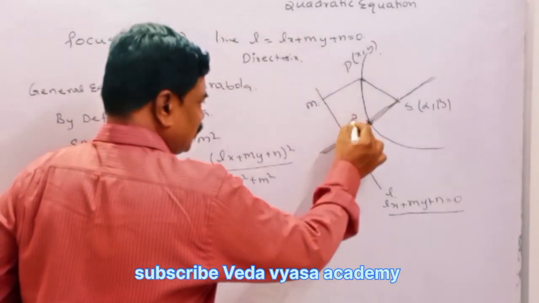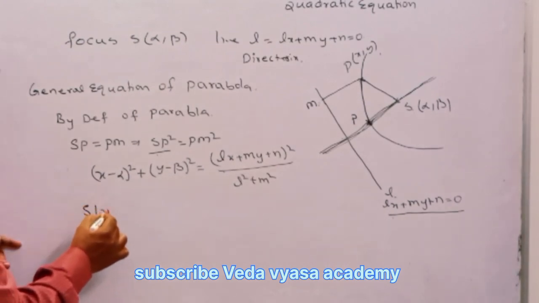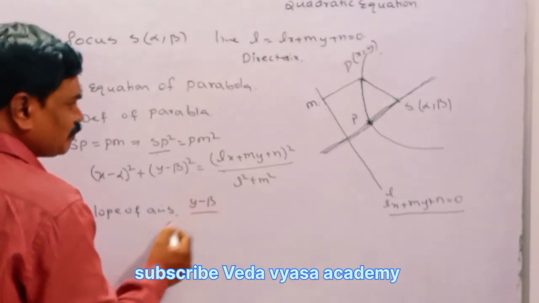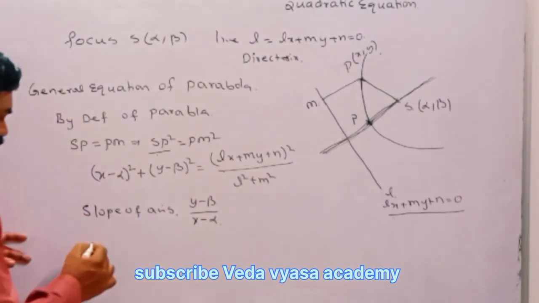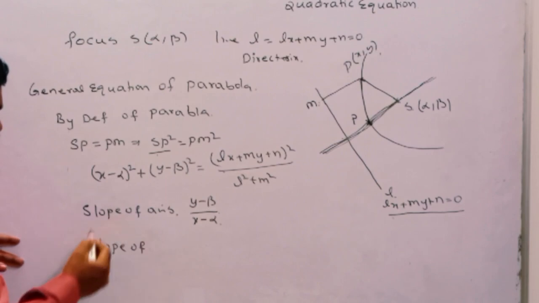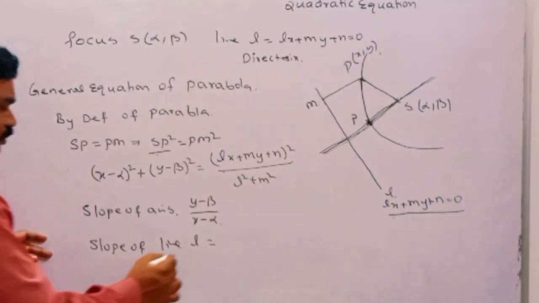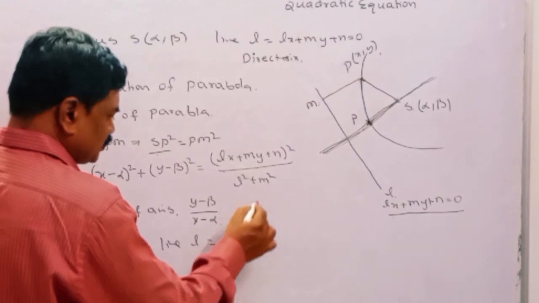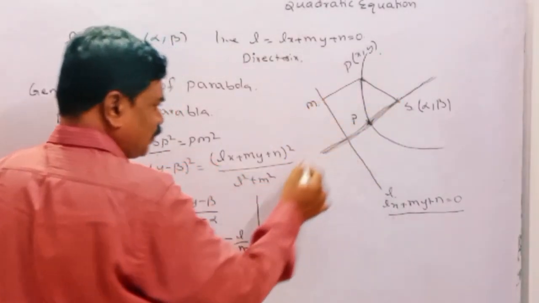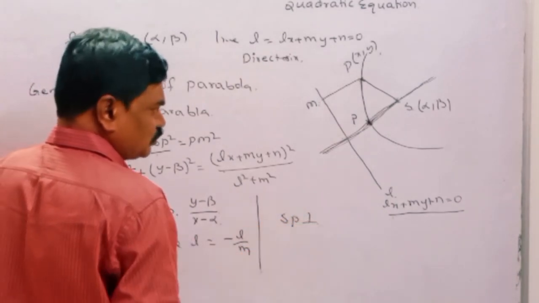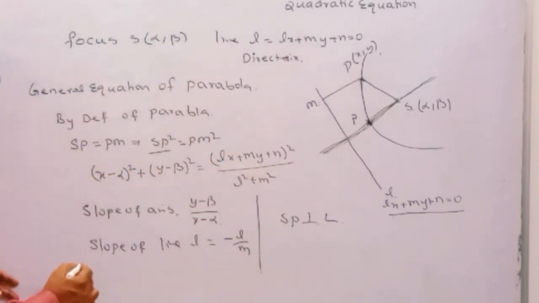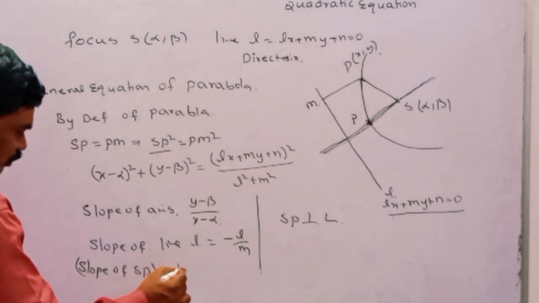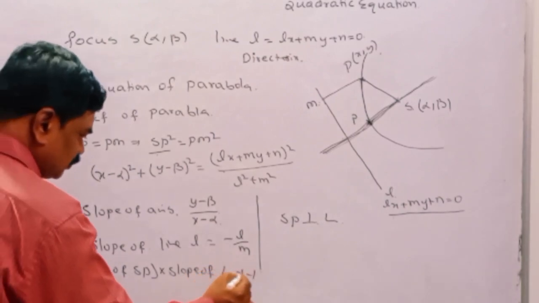Slope of the axis is (y minus beta) by (x minus alpha), and the slope of line L is minus L by M. Then these two are perpendicular, the axis is perpendicular to L, so slope of the axis into slope of L is equal to minus 1.